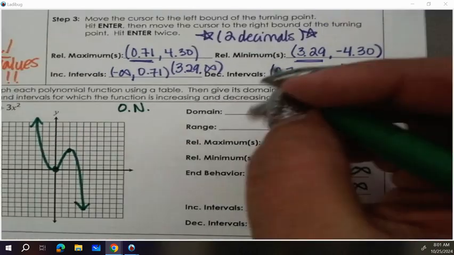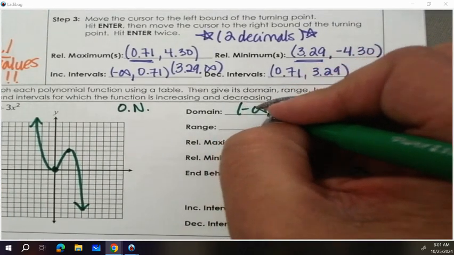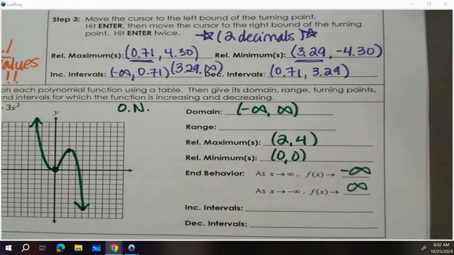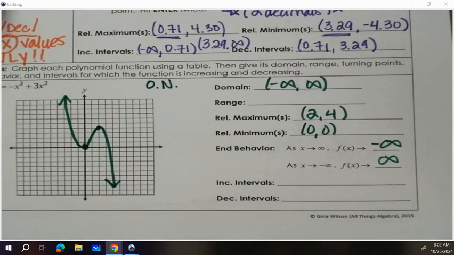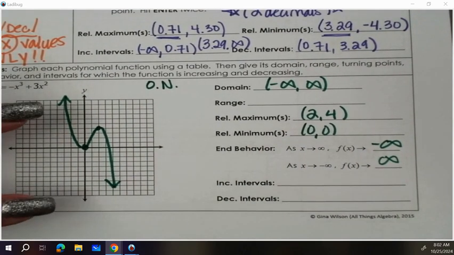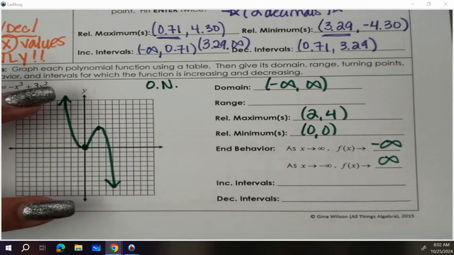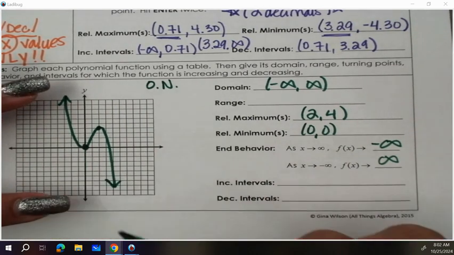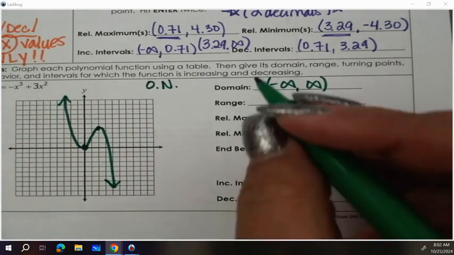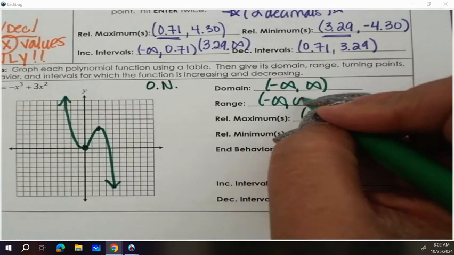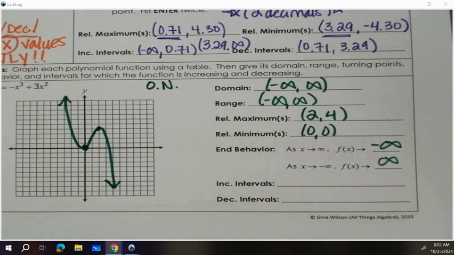So I think our domain is going to be negative infinity to positive infinity. How about our range? Any y values not included? Some places there's 2 y values, right, in here? I think it's everything again. That's easy.